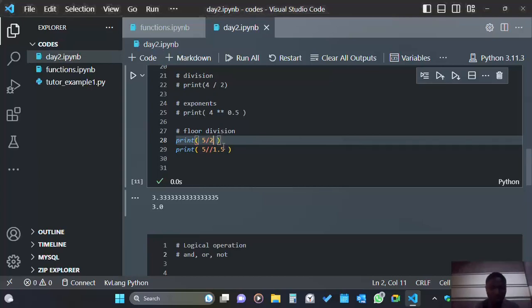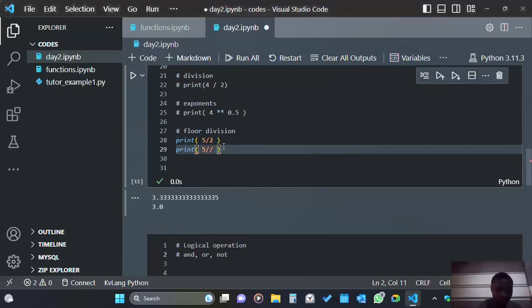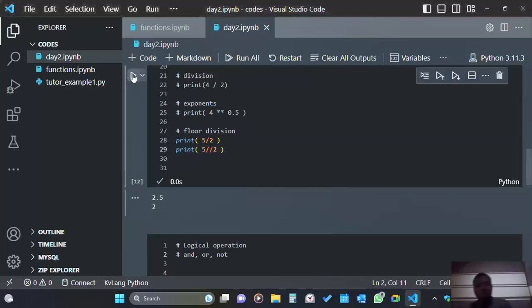Okay, let me use 2. So 5 divided by 2 is 2.5, but then 5 floor divided by 2, automatically the computer removes the 0.5 and leaves you with 2. It doesn't round it up to 3. So floor division means floor, come down, remove everything, just come down to the nearest whole number.